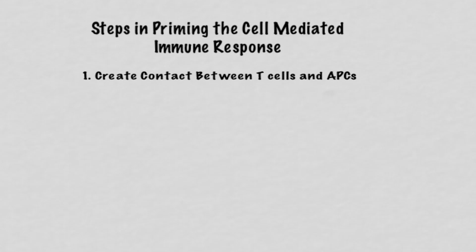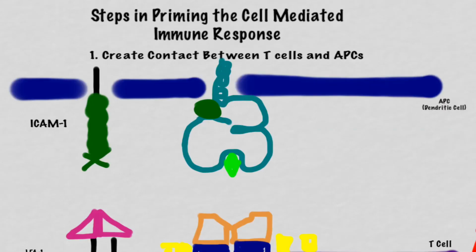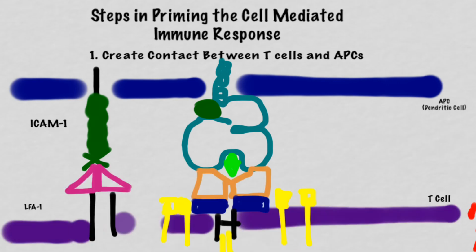So once inside the lymph node, the T cell needs to adhere to the dendritic cell before the TCR and the MHC can interact. So the first thing that's going to happen is that ICAM1 on the surface of the antigen-presenting cell is going to meet up with LFA1 on the surface of the T cell, like this. Note that the length of ICAM1 is fairly long, whereas the length of the TCR is fairly short.